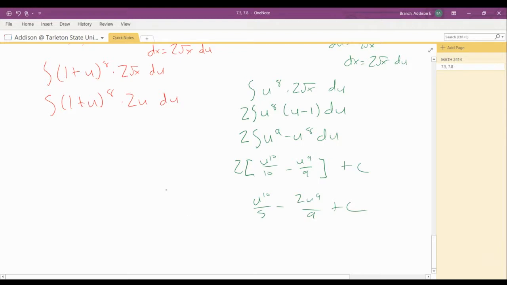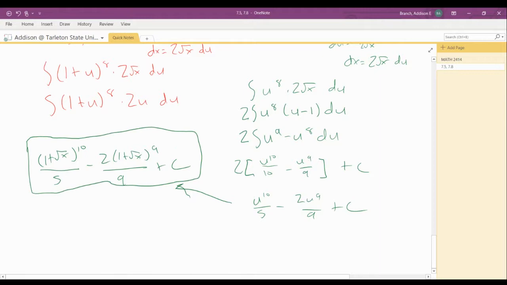And then we just plug in our u, and we are left with 1 plus square root of x to the 10th over 5 minus 2 times 1 plus square root of x to the 9th over 9 plus C as our final answer. So that kind of shows you how you may have to play with this a couple different times until you finally get an answer.